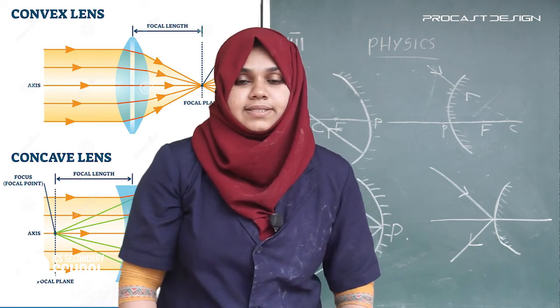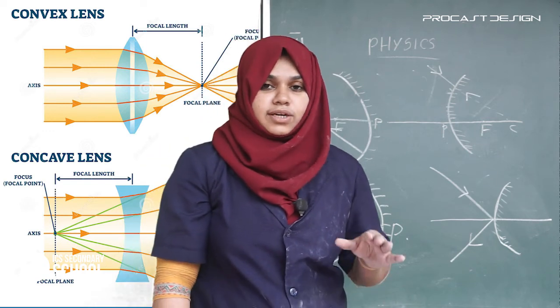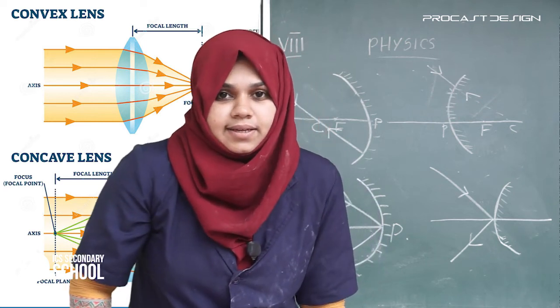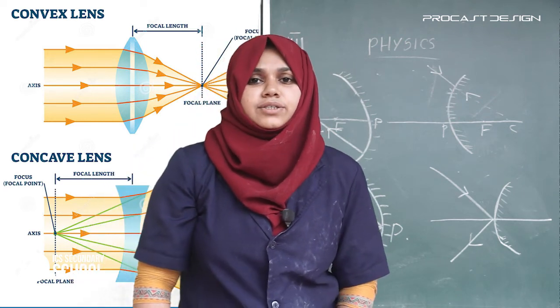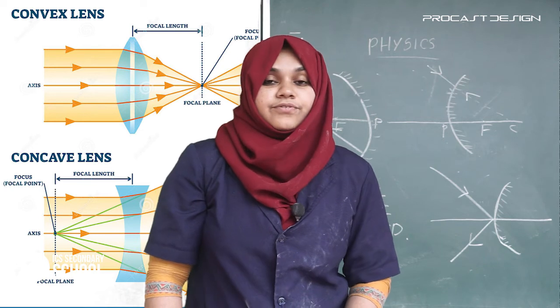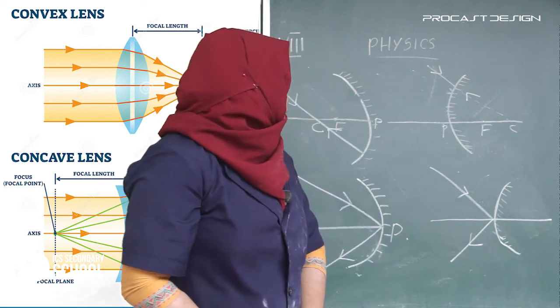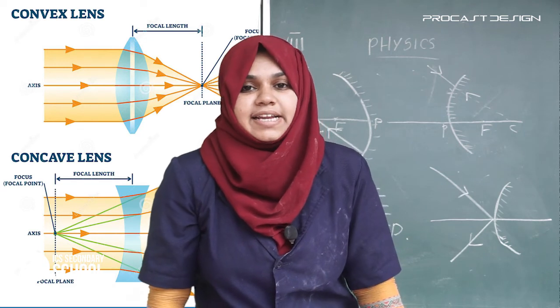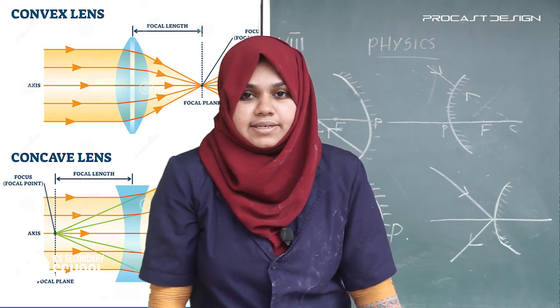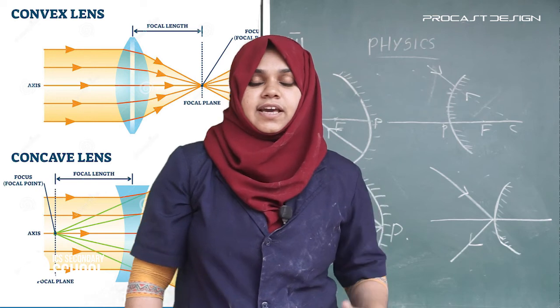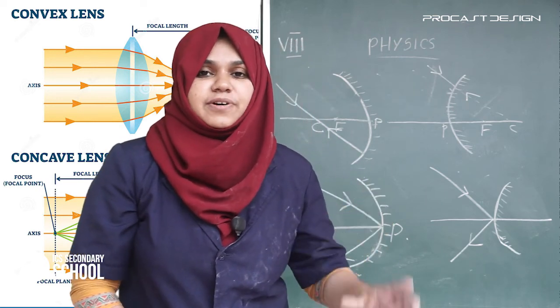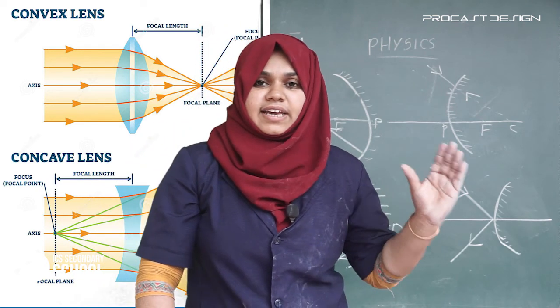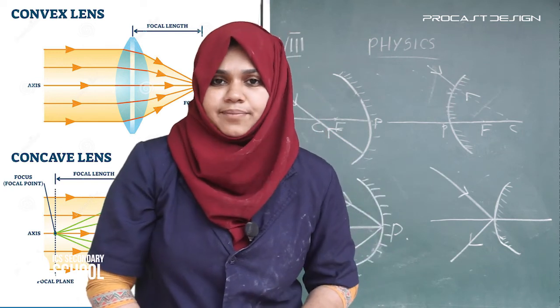Now we are going to finish today's class. What have you learned today? Today we started our chapter, reflection of light in spherical mirrors. Here we learned that there are two types of spherical mirrors: concave mirror and convex mirror.